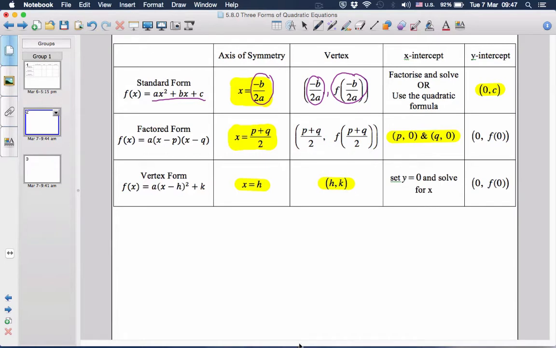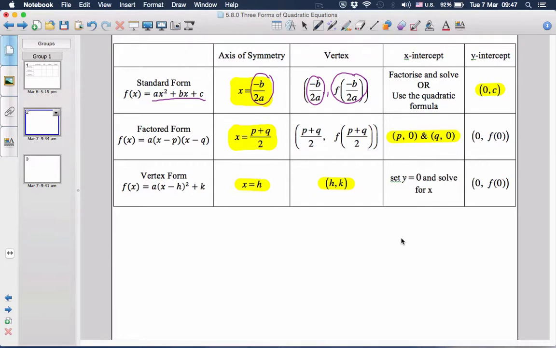Good. And every once in a while, students make a little bit of a sign mistake with the minus h, but think about that as a transformation, which sometimes helps. And when you're finding the x-intercepts from vertex form, some students like to expand it out to standard form and use the last unit's knowledge about quadratic algebra.